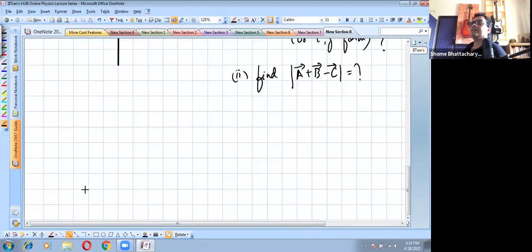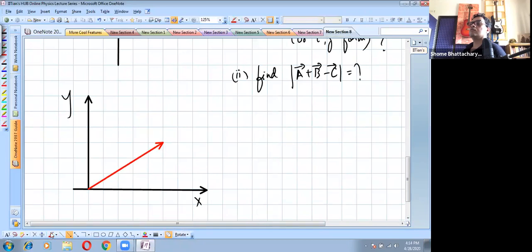So you can see here the vector A is fairly obvious. It's in the first quadrant itself, so we don't need to do much. So its magnitude is 20 and this angle is 30 degrees.